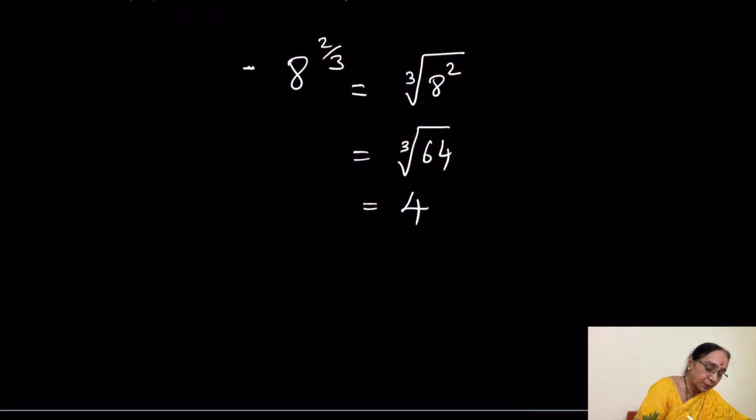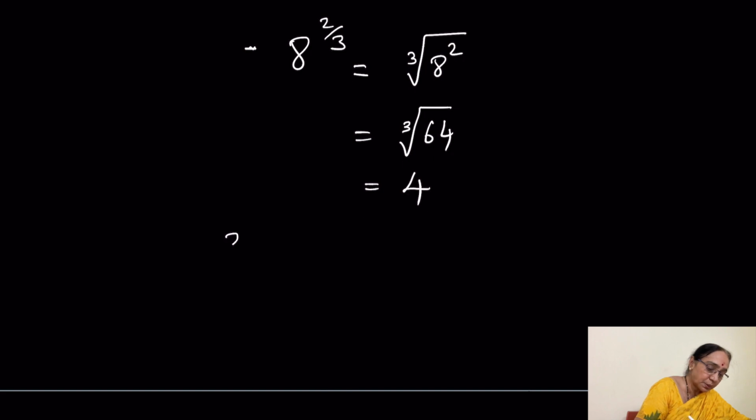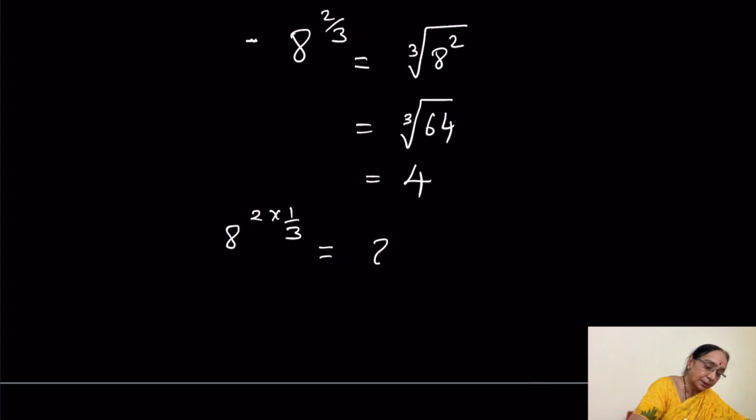Or the other method would be 8 raised to 2 times 1 by 3. You split it. 2/3 is 2 times 1 by 3. So now you can write 8 raised to 1/3, that is raised to 2. Now this can be written as a radical as cube root of 8 raised to 2.